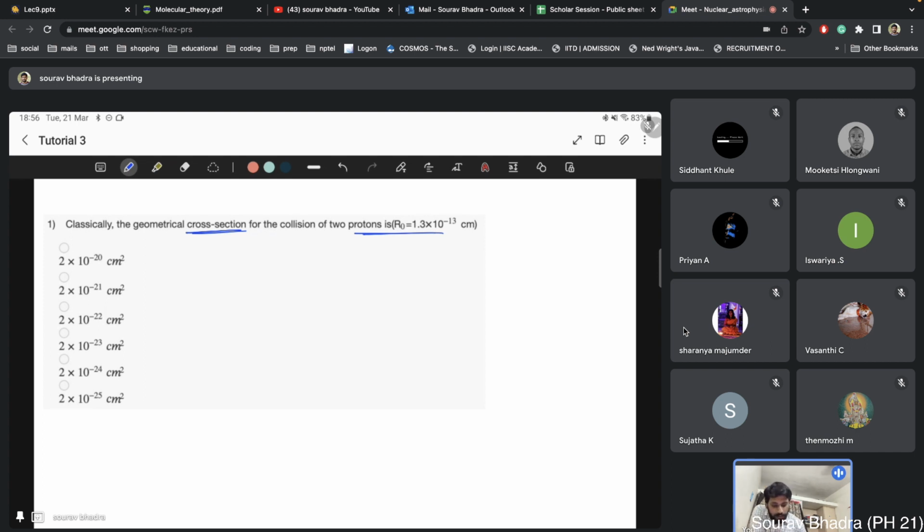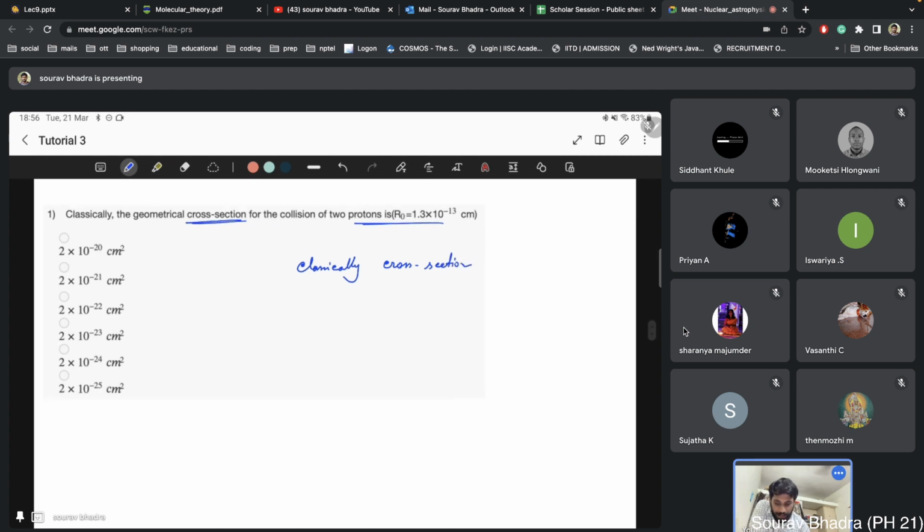So you know that classically, if we do collision problems, then the cross section sigma is pi times (r of target plus r of projectile) whole square. I will not go into the quantum treatment because here it will be calculated by the classical method.